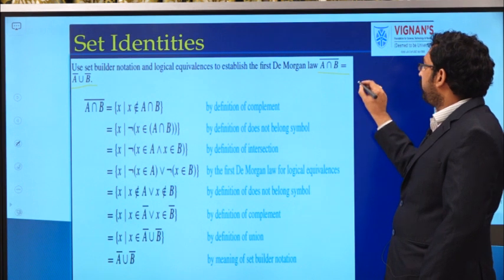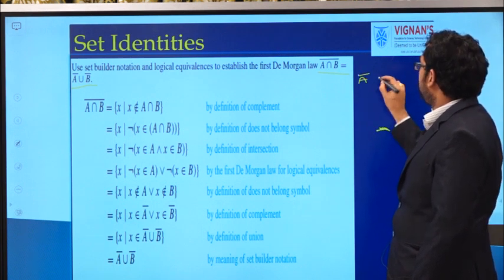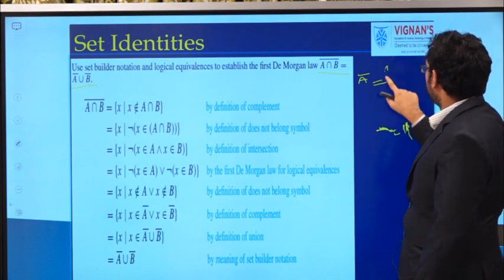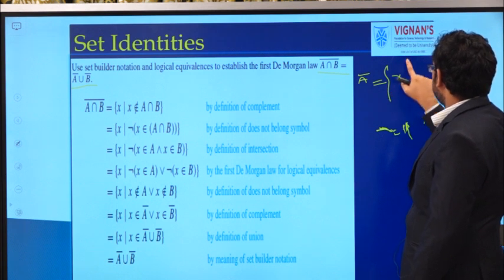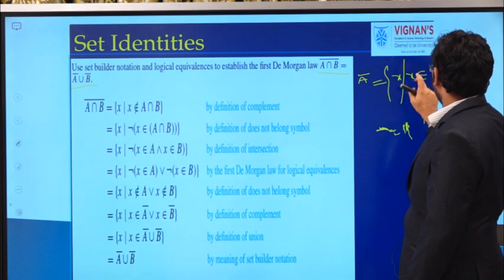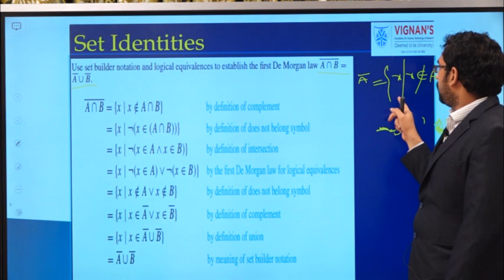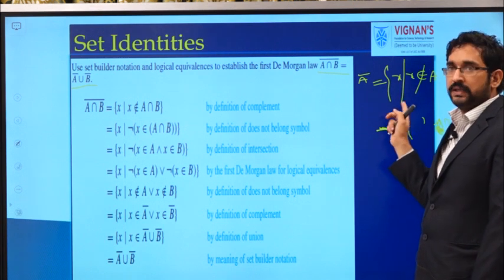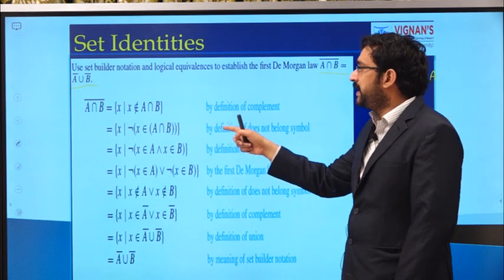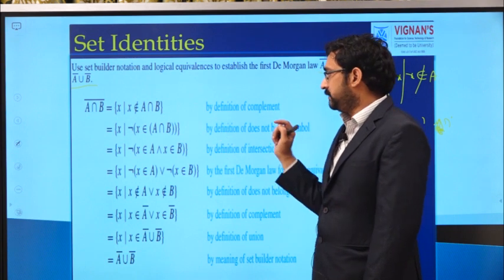By the definition, A complement can be written as the set of all x such that x does not belong to A. So using that definition, A intersection B complement can be written as the set of all x such that x does not belong to A intersection B.